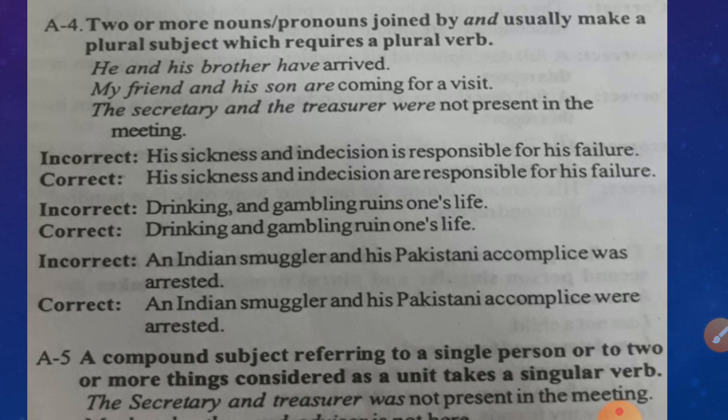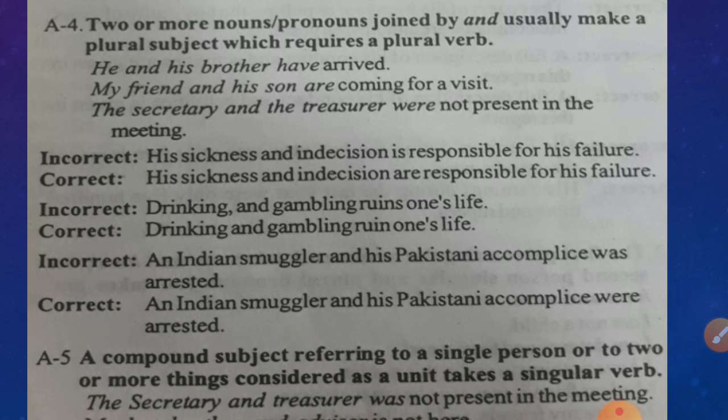If we have only gambling, then this very sentence will be all okay. But here we have also added another singular noun, drinking. So drinking and gambling have been joined together. No doubt they are in singular form, but they have been joined together, so they will take no S because they will be treated as plural.